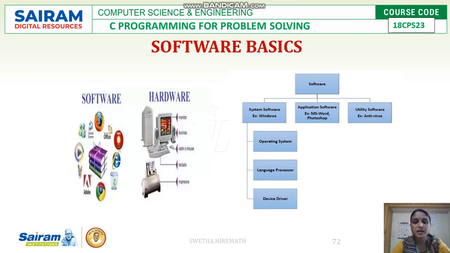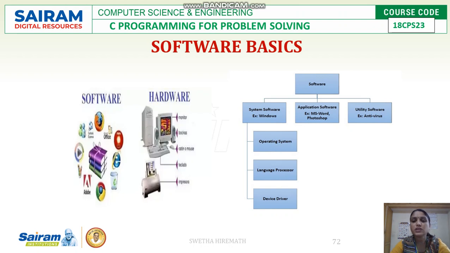The other part of our software is application software, that is, the applications we can perform on this computer system. And the third one is utility software, which makes our system work properly.